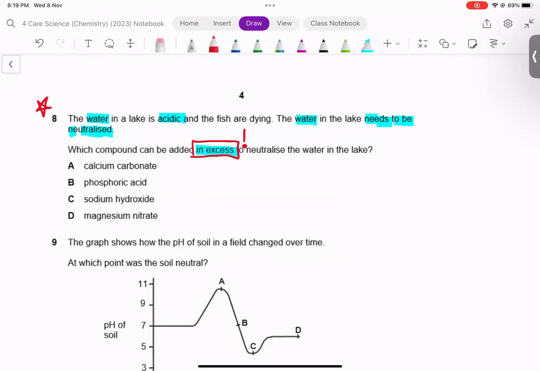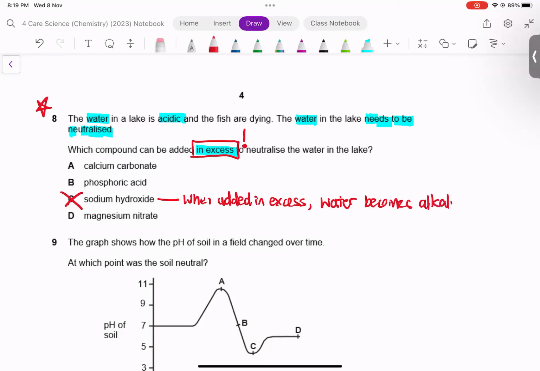Now, why is that so? The common mistake for most students is to recognize the word neutralization and therefore choose the alkali, which is sodium hydroxide. However, that's wrong. Sodium hydroxide is not the answer to this question because when added in excess, the water becomes not neutral.